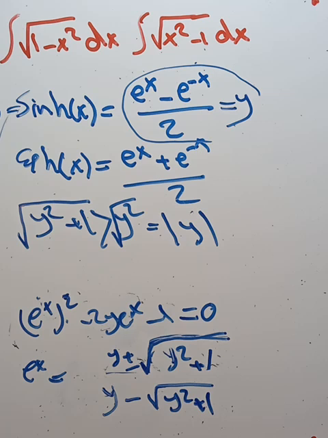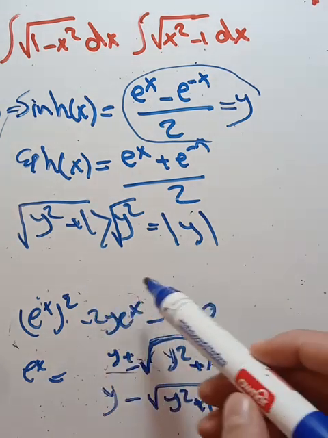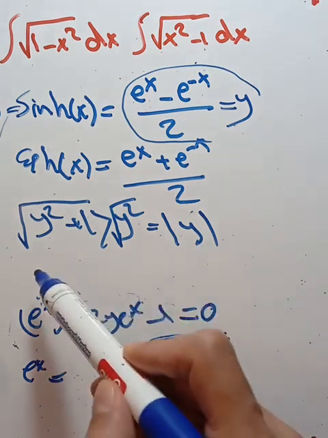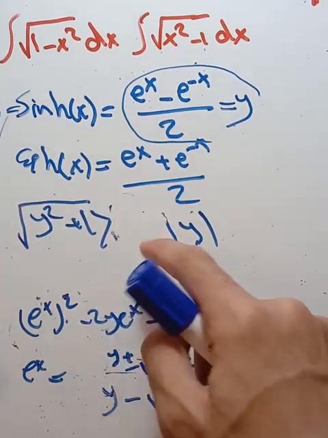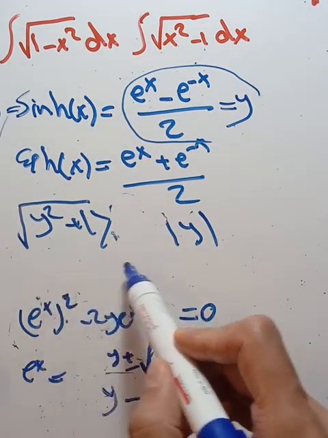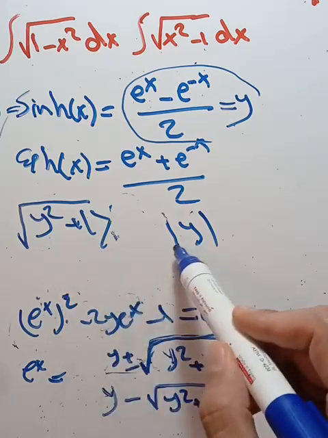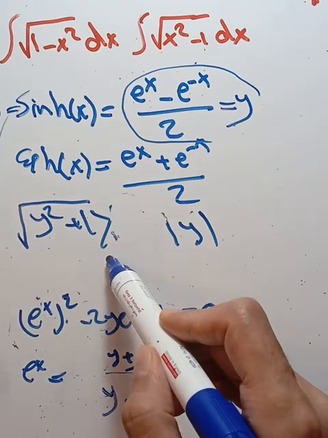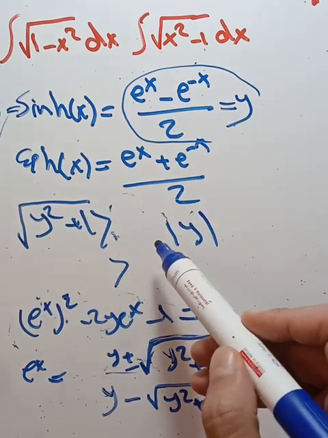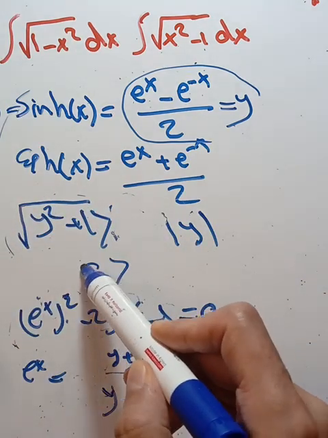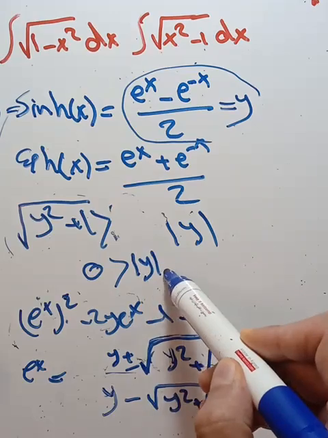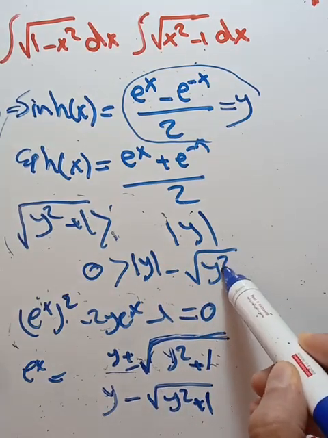So here, let me write it. Now let's subtract this from both sides, so 0 here, and here we're going to have this.